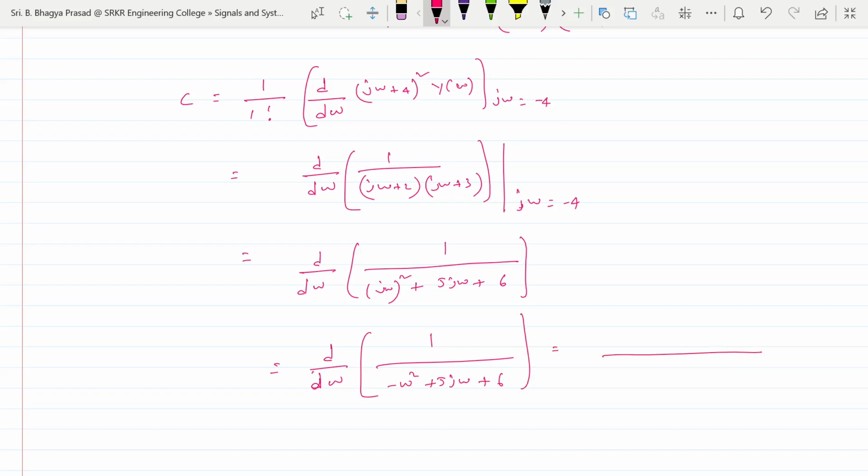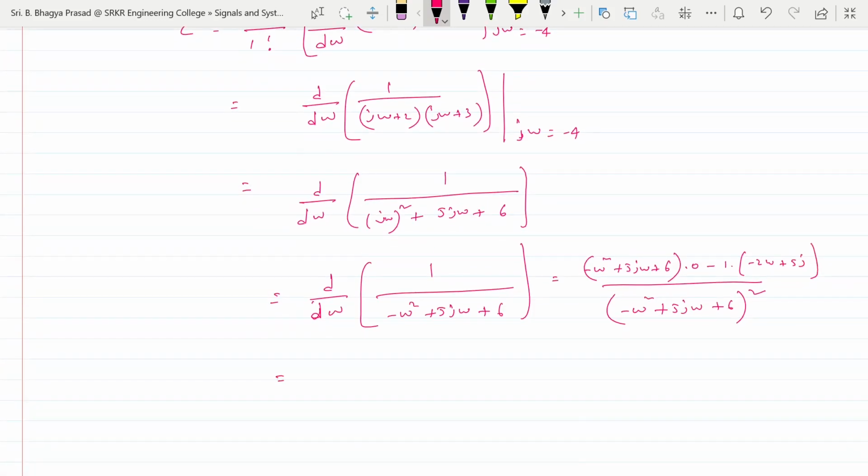So this will be minus omega square plus 5 j omega plus 6 whole square, and minus omega square plus 5 j omega plus 6, and the derivative of 1 will be 0 minus 1 into minus 2 omega plus 5j.